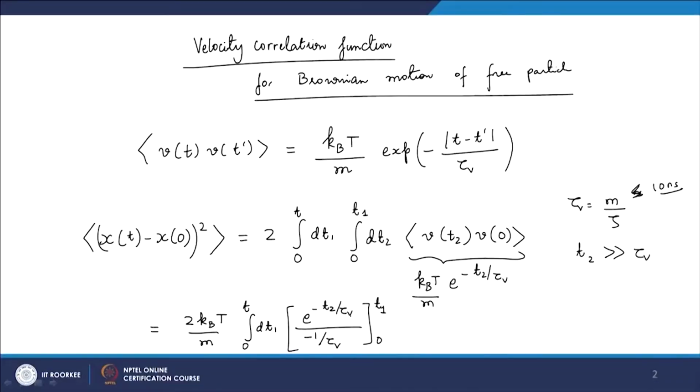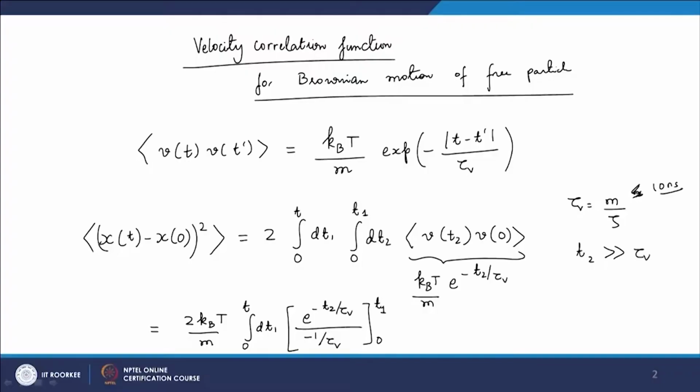In that case, we make use of the fact that the integrand here is an exponential function that decays with time. At T2 equal to 0 it is equal to 1, but at T2 equal to T1 it is already a very small number. So, even if I change the upper limit to infinity, that would not really change the result by a lot, but it would simplify our analysis quite a bit. That is only true when T2, and T1 to be more specific in this case, is much higher than tau v.